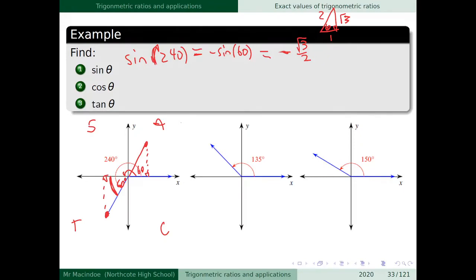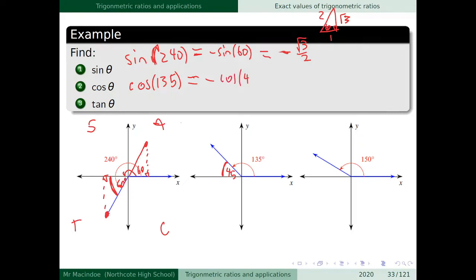Now we look at cos. Cos of 135. So what angle does it make with the x-axis? Well, it's 45, right? If you added on 45, you'd get to 180. So if we think about cos of 135 in terms of its first quadrant reference angle, we're in the second quadrant where only sine is positive, so we've got negative cos 45.